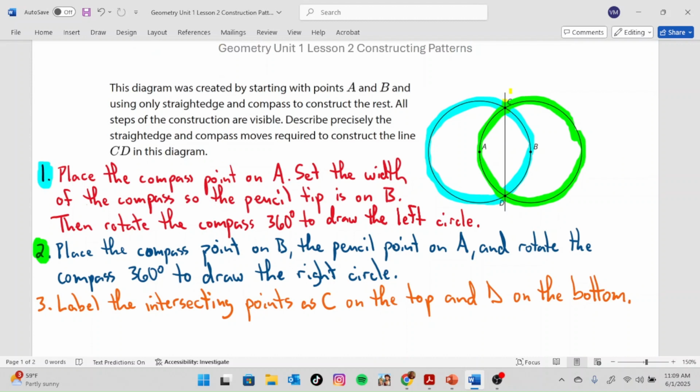And that would give us this labeled point at the top and this labeled point at the bottom.